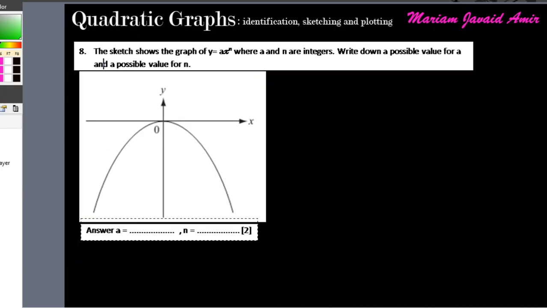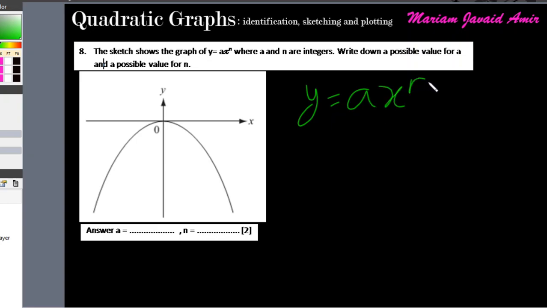Question number 8. Okay, so the sketch shows the graph of y is equals to ax power n, where a and n are integers. Write down a possible value for a and a possible value for n. So this is actually a very straightforward question, although it looks a bit tricky in the start, but it's actually pretty simple.